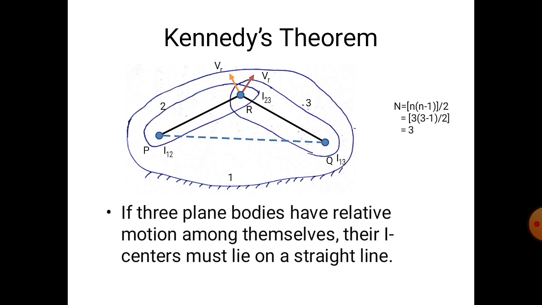This is Kennedy's theorem. So, according to Kennedy's theorem, I12, I23 and I13 must lie on the same straight line.